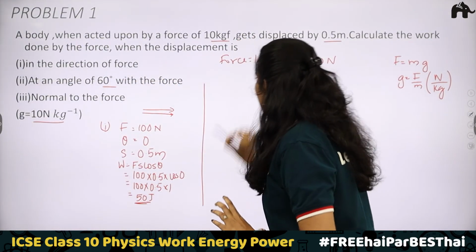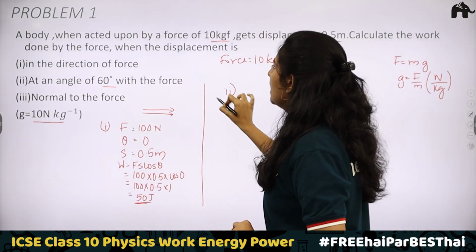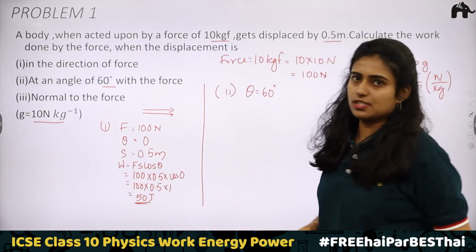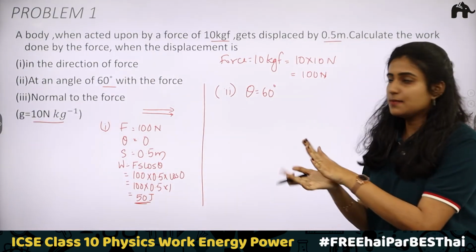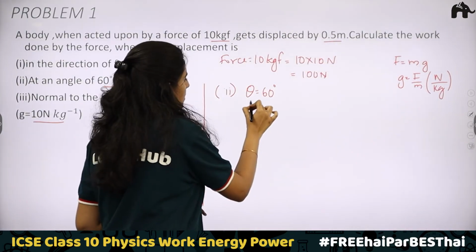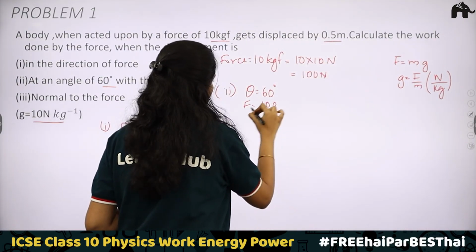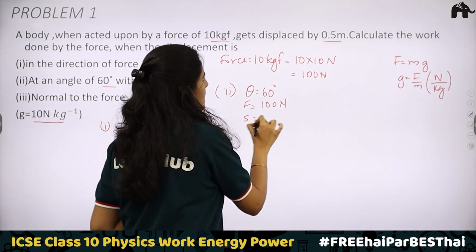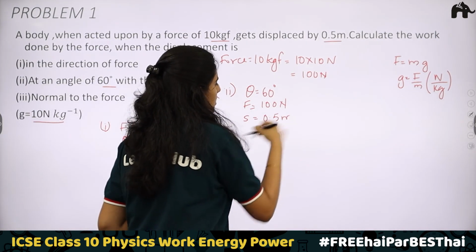Now the second one: at an angle of 60 degree with the force. So angle between force and displacement is 60 degree. Theta is equal to 60 degree. Here again force is the same, that is 100 Newton. Displacement is also same, that is 0.5 meter.